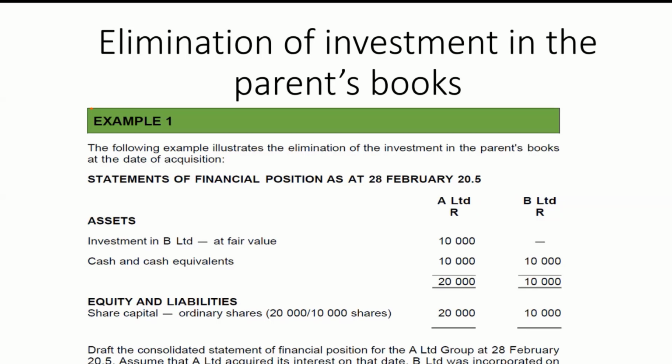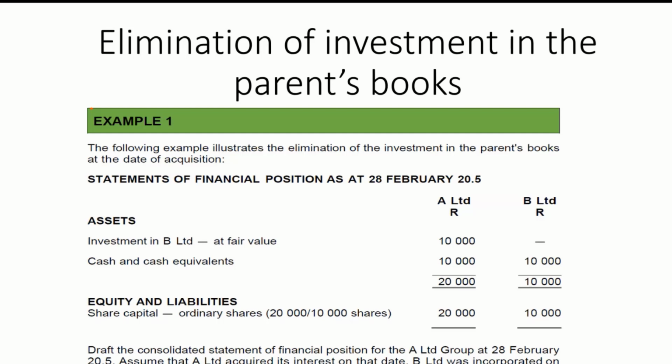In the books of A Limited, they have investment in B of 10,000. That is the entry they passed when they initially bought B Limited: debit investment, credit bank. They are recording it here as investment in B Limited, 10,000.